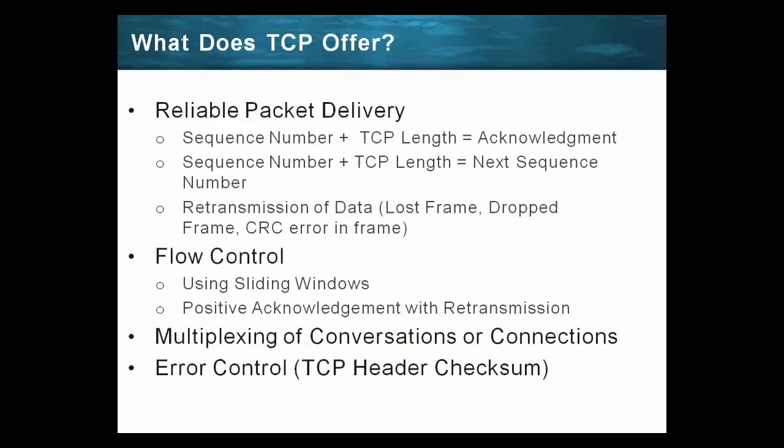And again, the positive acknowledgement with retransmission process works with that window as well. So if I send a block of data, multiple segments across the network, I expect an ACK for all those segments, and off we go.